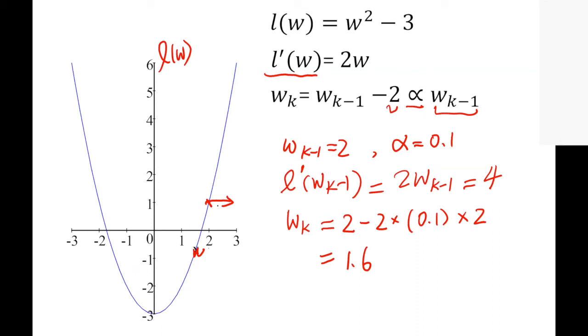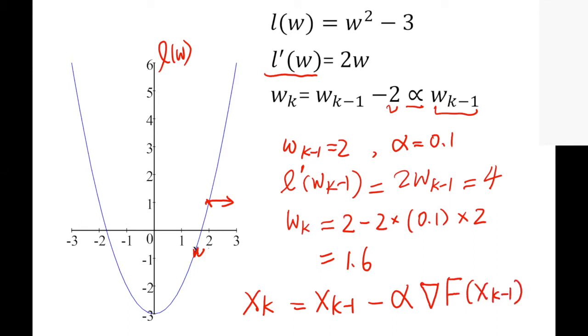So let's come back to the original equation: x_k equals the previous x_{k-1} minus alpha times the gradient at x_{k-1}. This gradient vector tells me, at that x_{k-1} point, the direction that increases my function the most.